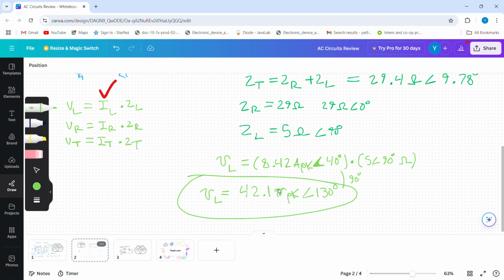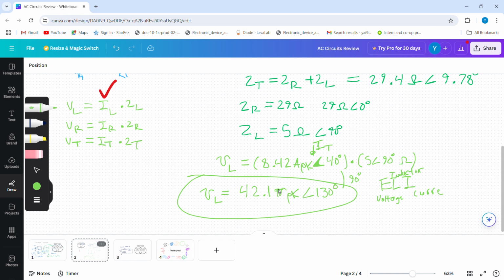My voltage is leading my current, this is my current, by 90 degrees. This makes sense with what I said about the impedance of my inductor, and also makes sense with our acronym, ELI the ICE man. So ELI, the voltage in an inductor leads the current. So that's a good way to check my work.